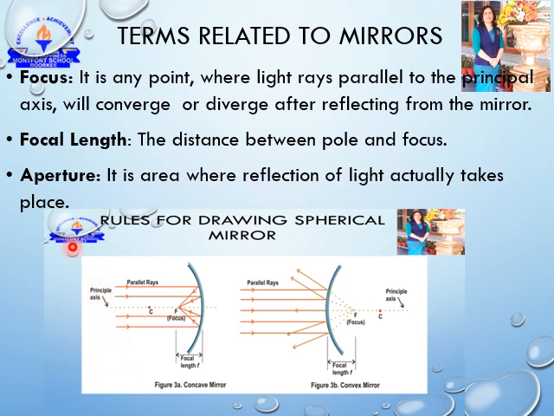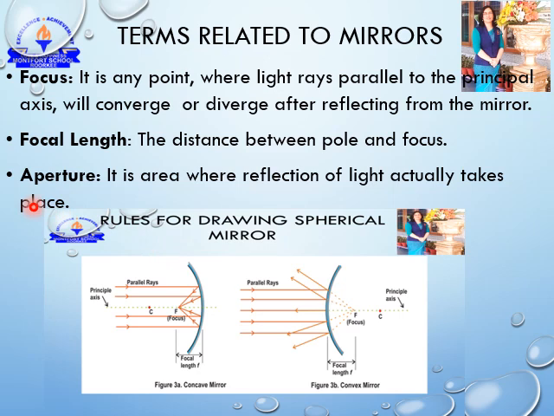Next term is focal length. Focal length is the distance between the pole and the focus.